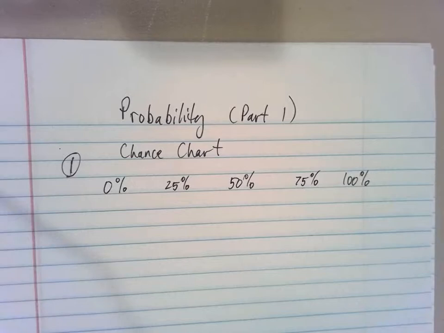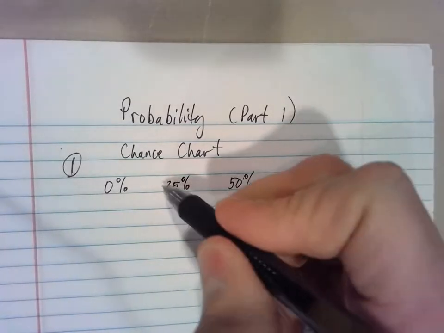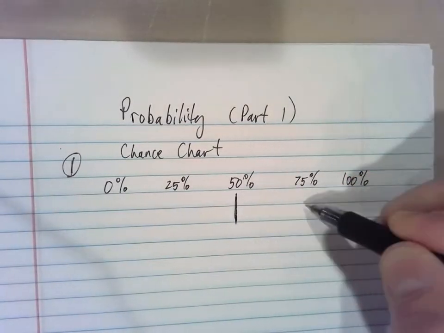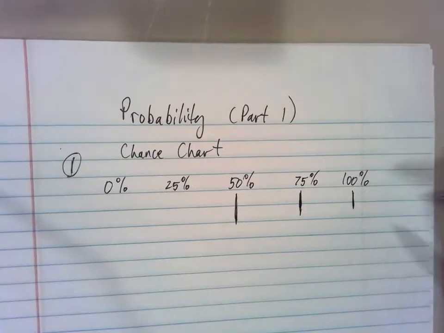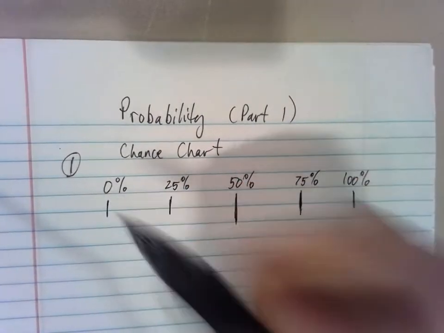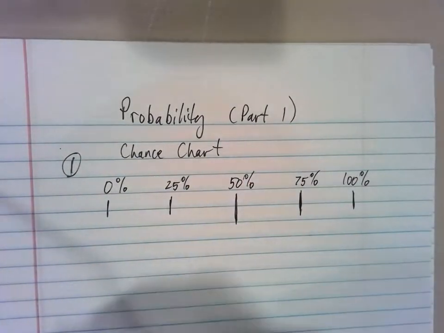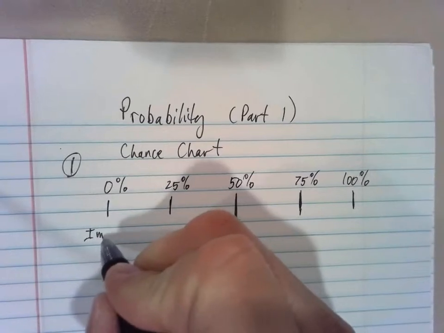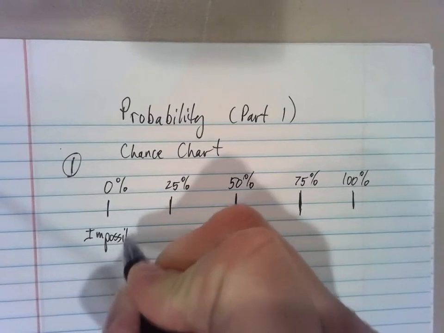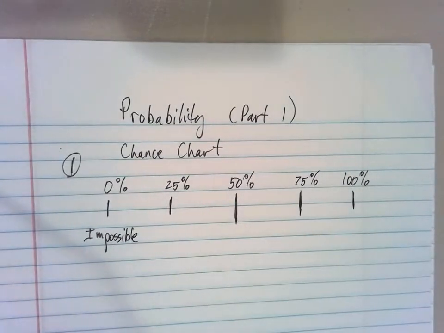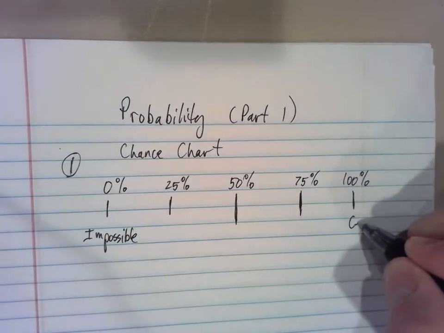I'm going to break these down and give you some different words, and talk about some things that go along with each one of them. So 0% is known as impossible. If it's 100% going to happen, that means it's certain.